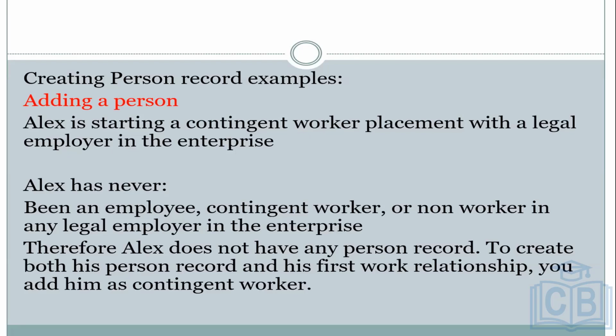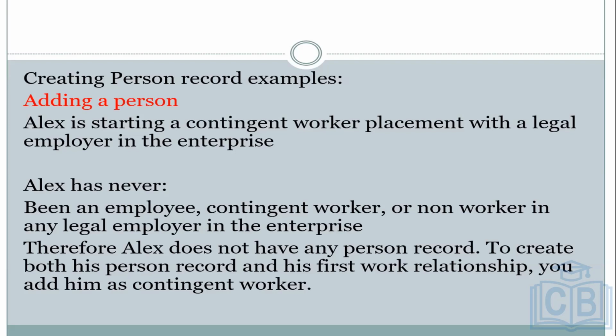To create both his person record and his first work relationship, you add him as a contingent worker.